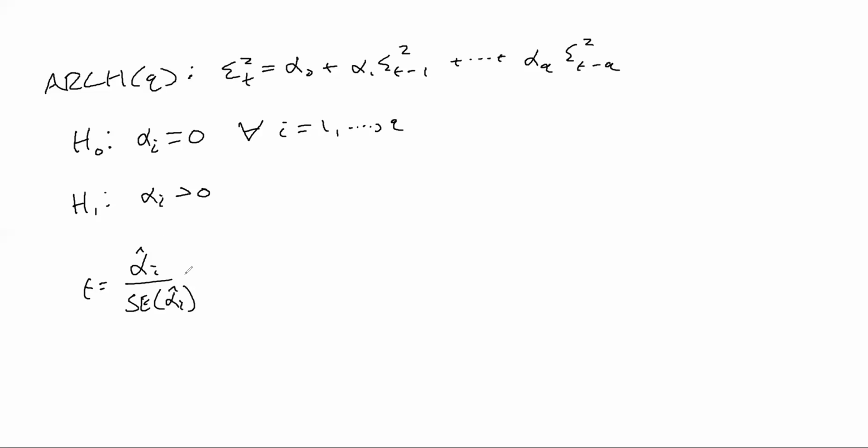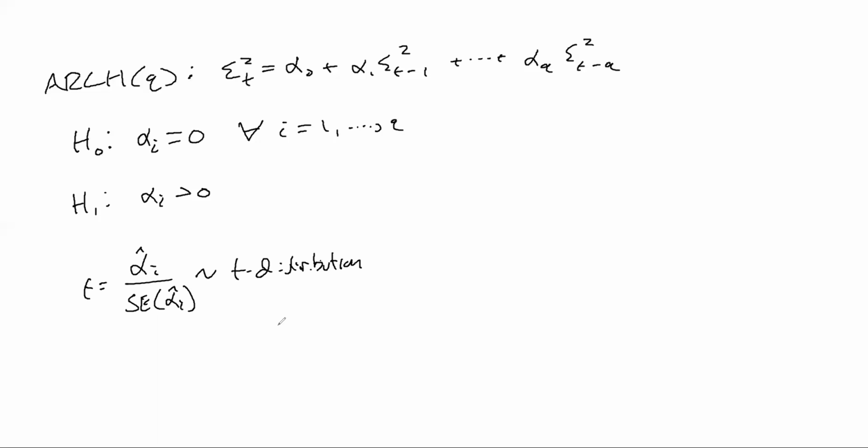That would be your t. This follows a t distribution. And this would be acceptable if you only have an ARCH model of order 1.